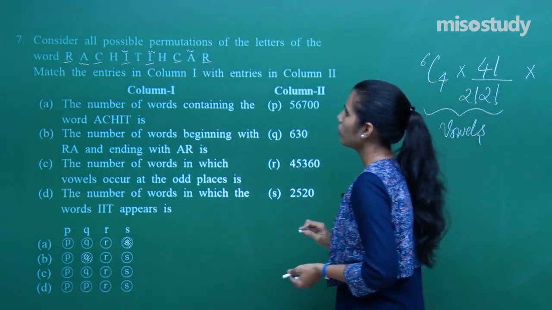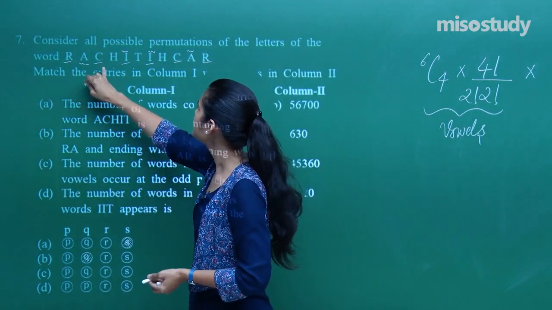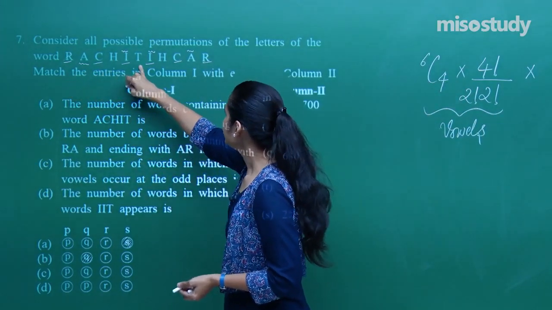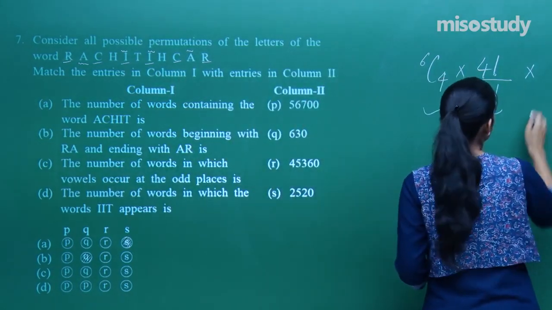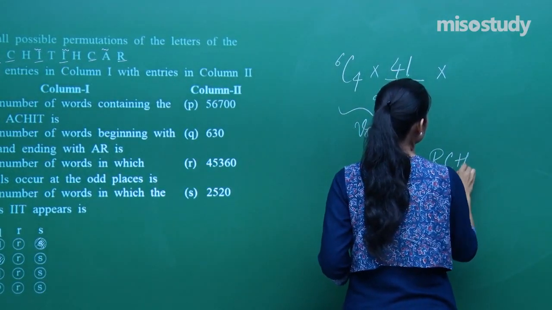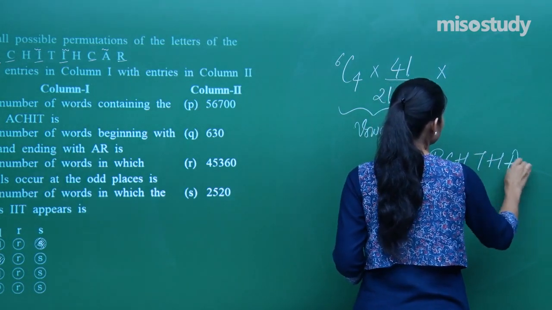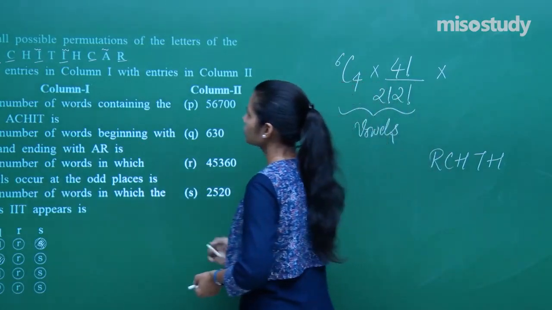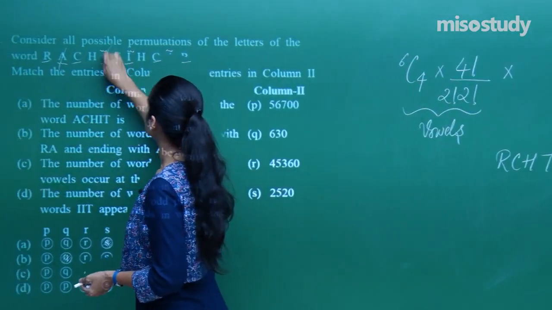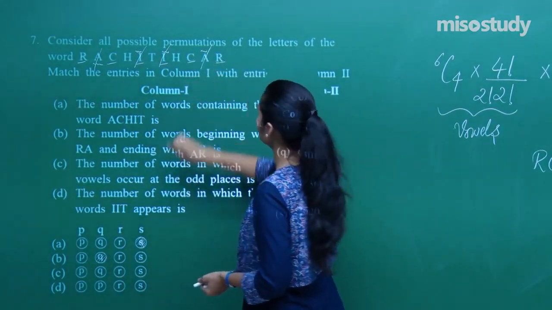Now what am I left with? I am left with R, C, H, T, H, A. So what am I left with? R, C, H, T, H. No, I am not left with A. So this I have used, this I have used, this I have used, and this I have used.